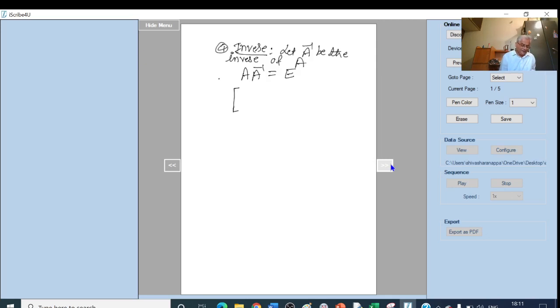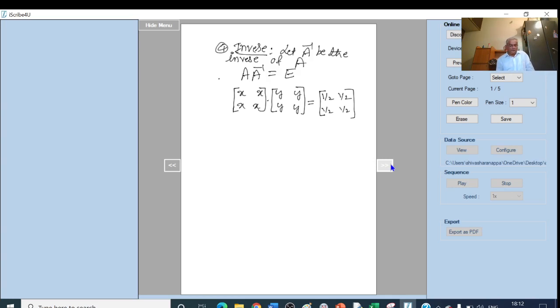Let me write A as x, x, x, x. And here, A inverse, let me write this as y, y, y, y, some matrix. This must be equal to the identity.